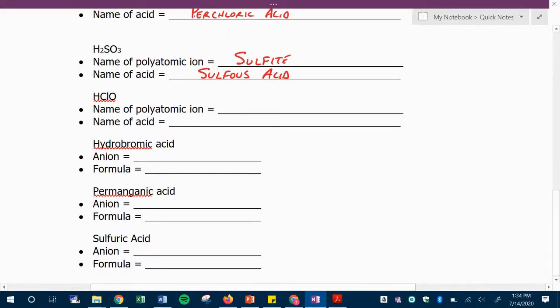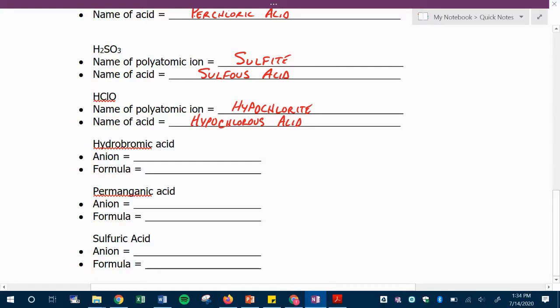It's based off of ClO, which, when we look it up, is hypochlorite. Since it's hypochlorite, we keep the hypo and just change the ite ending. The ites become ous. So this is hypochlorous acid.